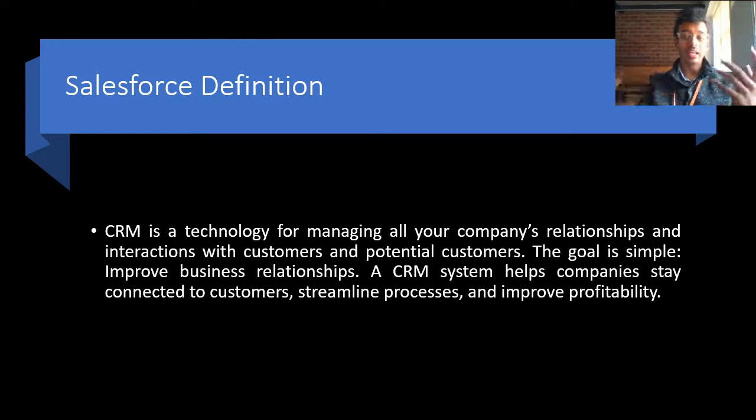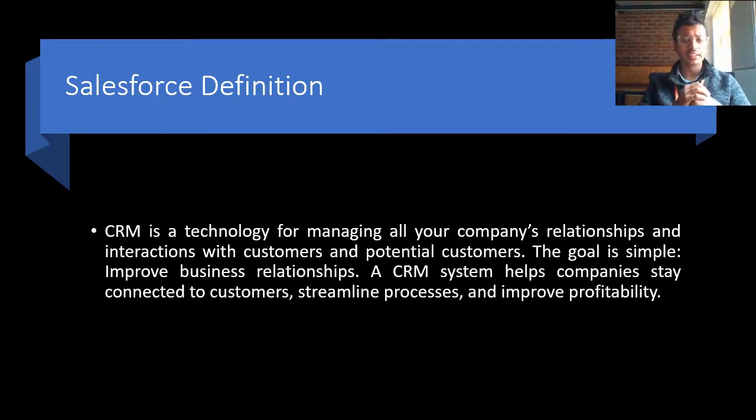So the goal is simple, that is to improve business relationships. Customers will feel better informed, and companies will also have an automated task. So they also state that it helps companies stay connected to customers, streamline processes, and improve profitability.